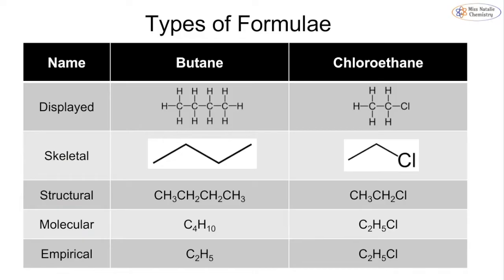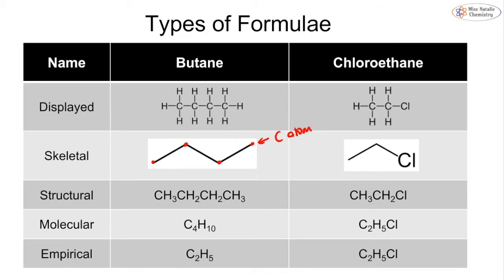So if we look at an example, we can have butane and chloroethane. So for displayed, we can show every single carbon and every single hydrogen with all the bonds. When we have skeletal structure, we just draw lines, and what we are saying here is that each of the points is a carbon atom.